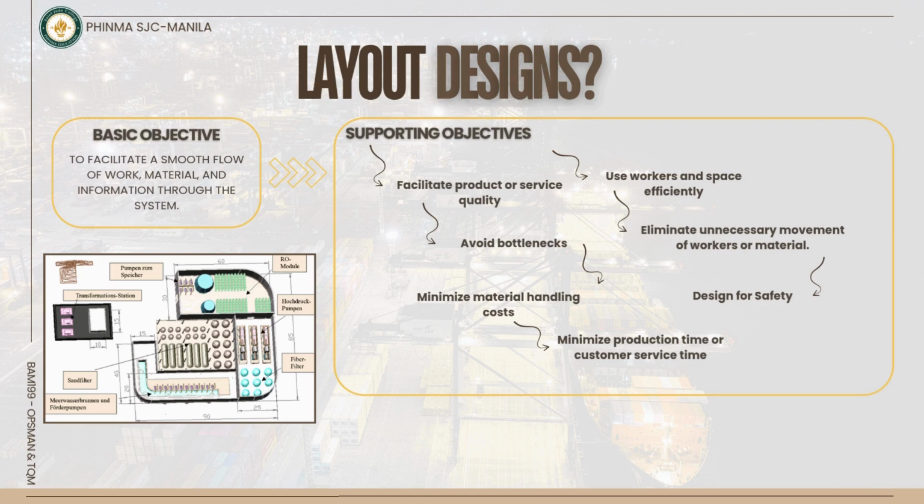A good example is making a cake in a cake factory, where different stations have a smooth flow from cutting the cakes, putting fillings, and adding finishing touches, and then boxing or shipping. It is supported by the objectives of facilitating product or service quality, using workers and space efficiently, avoiding bottlenecks, minimizing material handling costs, eliminating unnecessary movement of workers or material, minimizing production time or customer service time, and, of course, designing for safety.